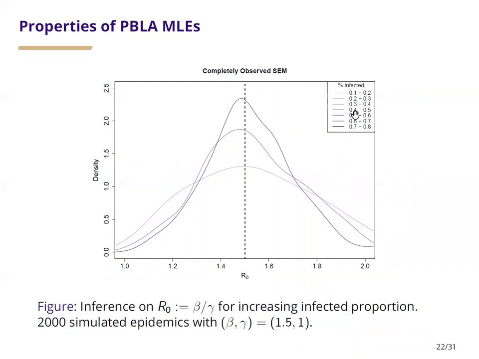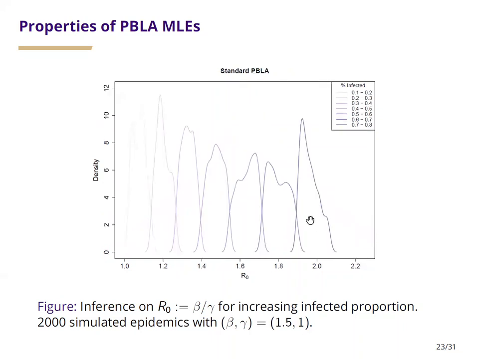And as the infected proportion grows, well, we have more data. So we're getting more centered and focused about the true R naught value as these purple gradients get more and more purple. Now we see a rather strange behavior when we do this subset by the deciles of infected proportion for the standard product-based likelihood approximation.